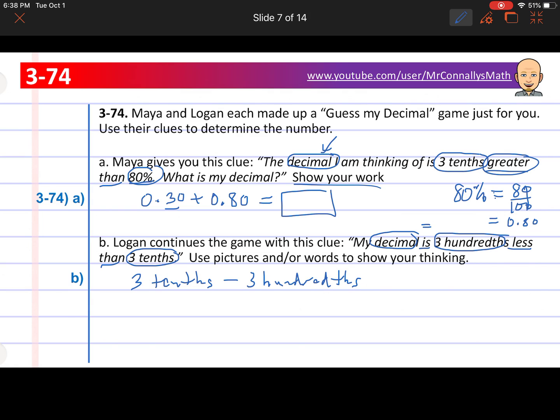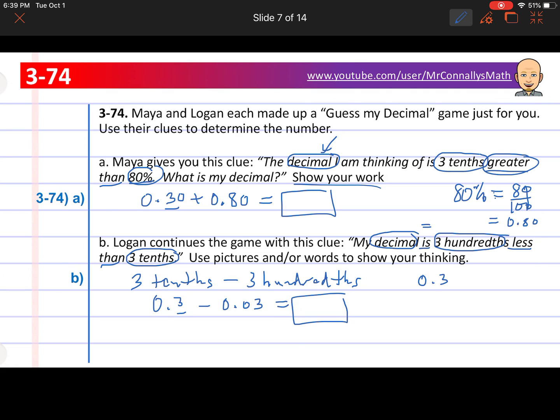Ugh, gosh, I need to get a better stylus. All right, 3/10. We know that's 0.3 because that's the tenths place, minus 3/100, which is 0.03. Okay, so that'll be the answer. Just subtract those two. I'll help you out.